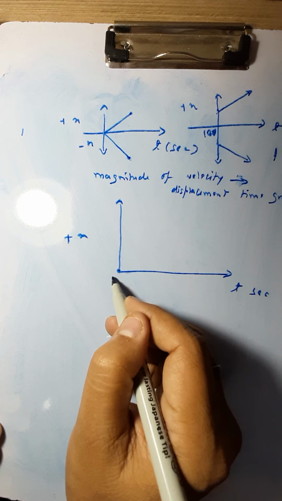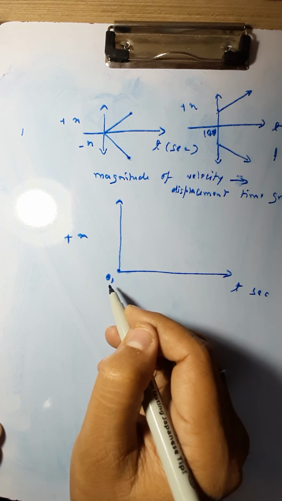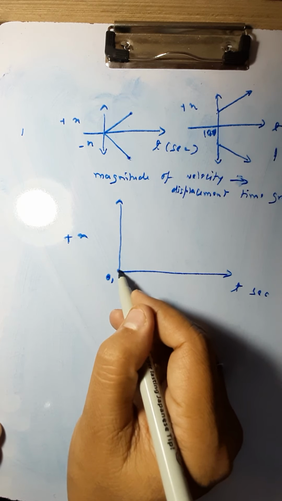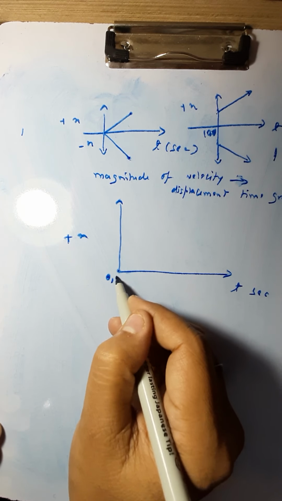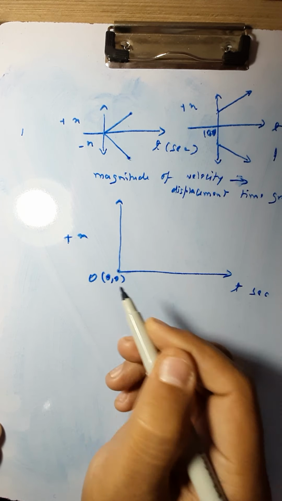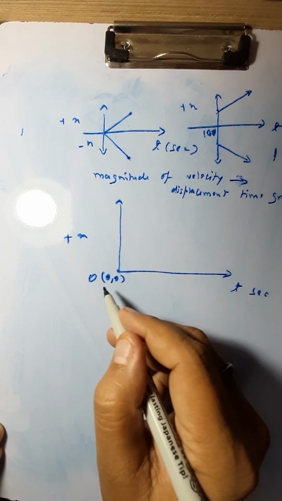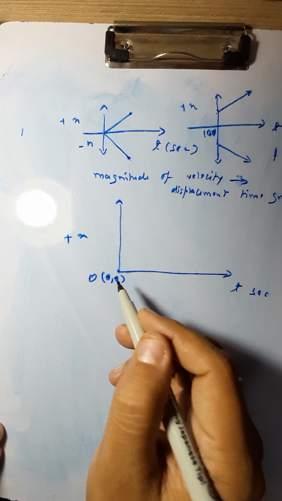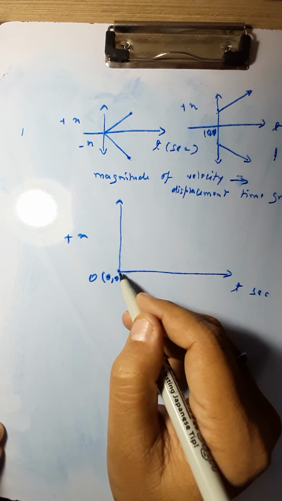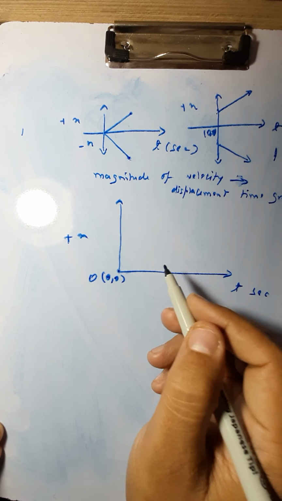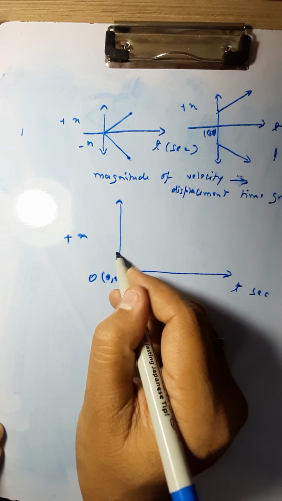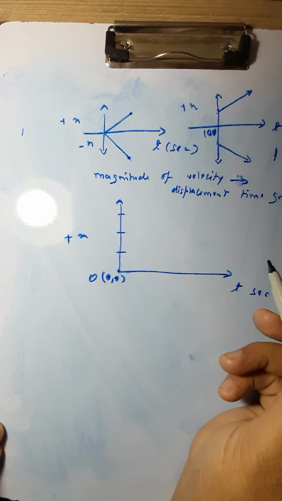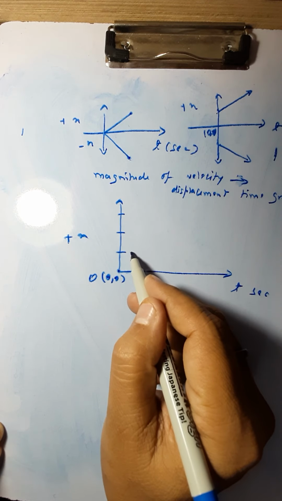Suppose a particle initially at time 0 is at coordinate 0, O. Okay, suppose this point is O, and it moves with uniform velocity and reaches 20 meter.